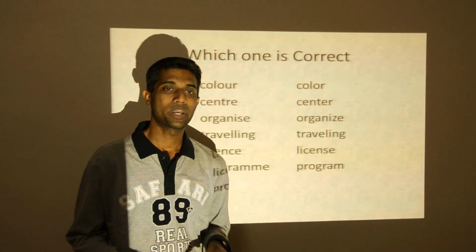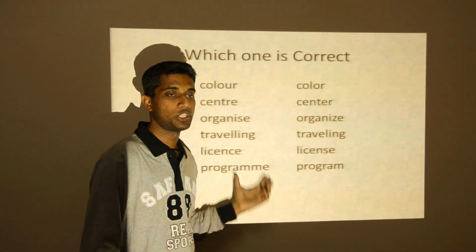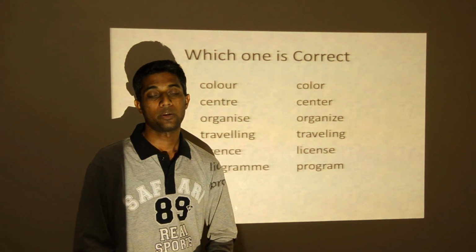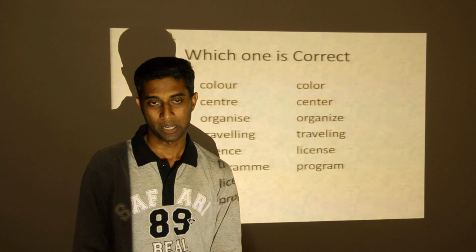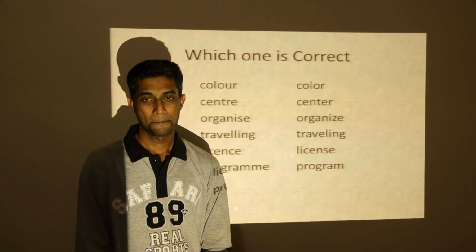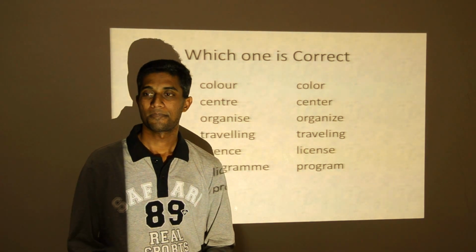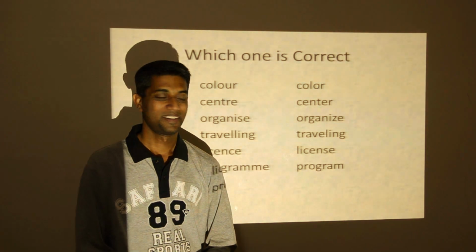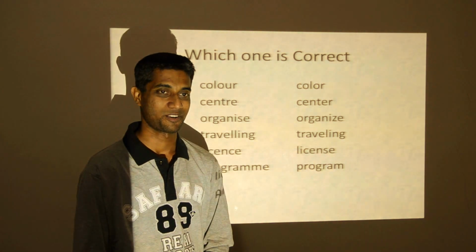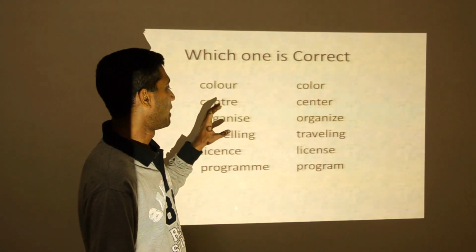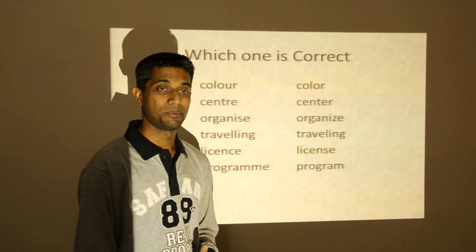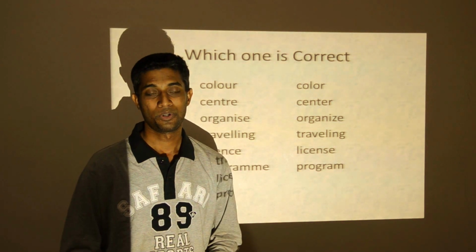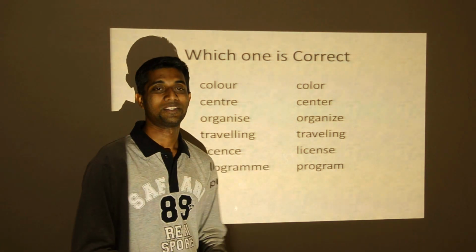Now, who can tell me which spelling is correct and which is not correct? Okay, so you're still confused. The problem is, let me break it to you, both the spellings are correct.